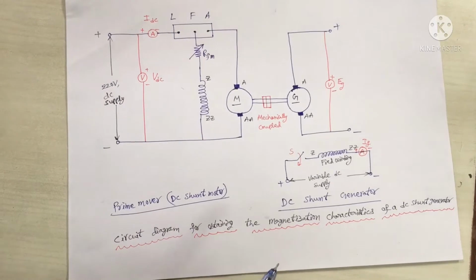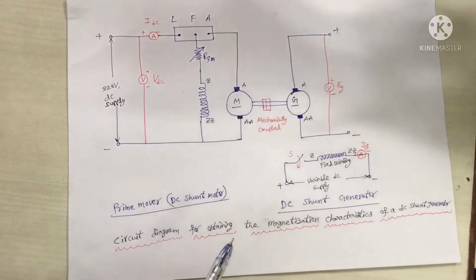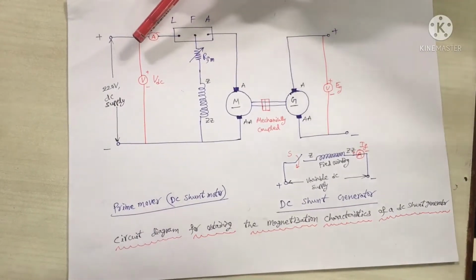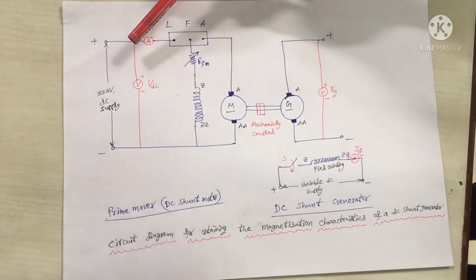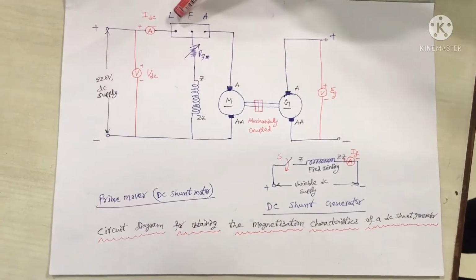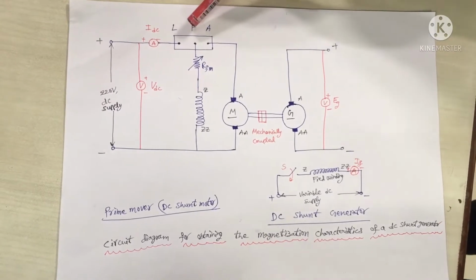Now switch on the MCB and start the prime mover or DC shunt motor by gradually moving the 3-point starter handle in clockwise direction.